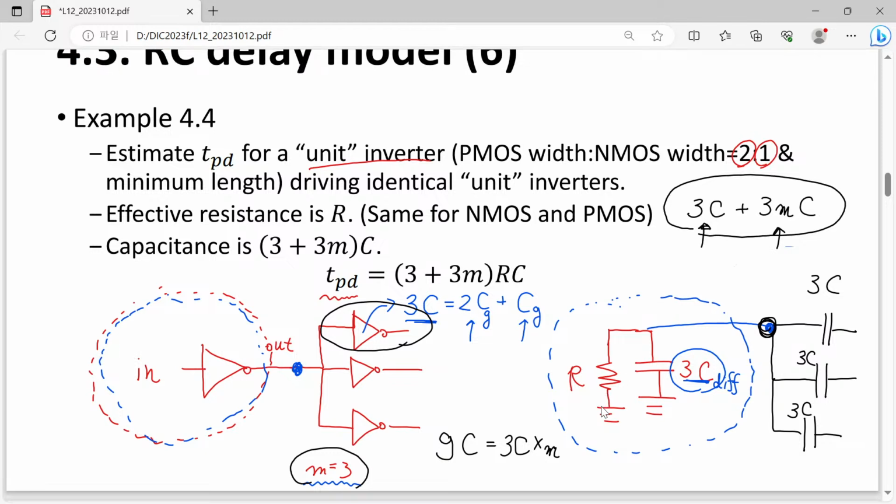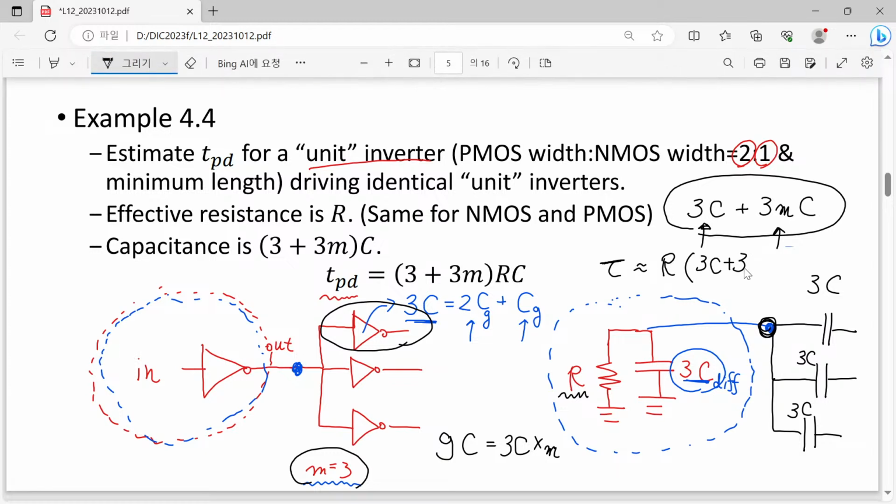And how large is the resistance? The resistance is simply R, so the time constant tau can be approximated as just R times (3C plus 3MC). So you are now having the answer like this.